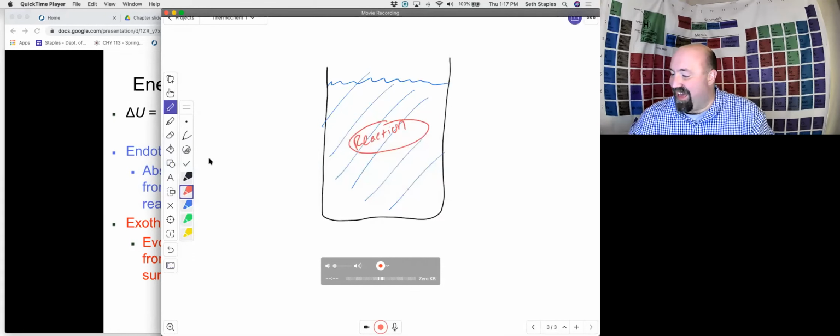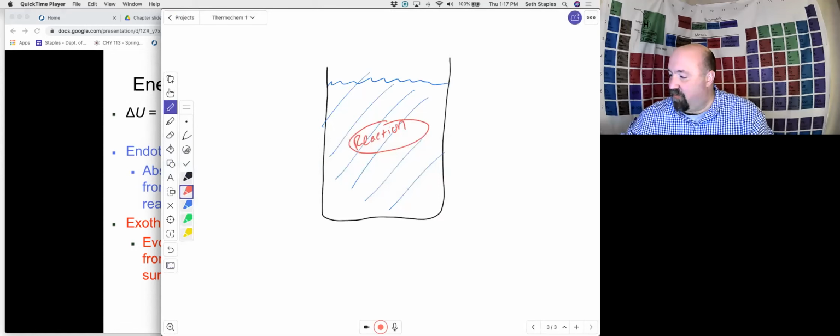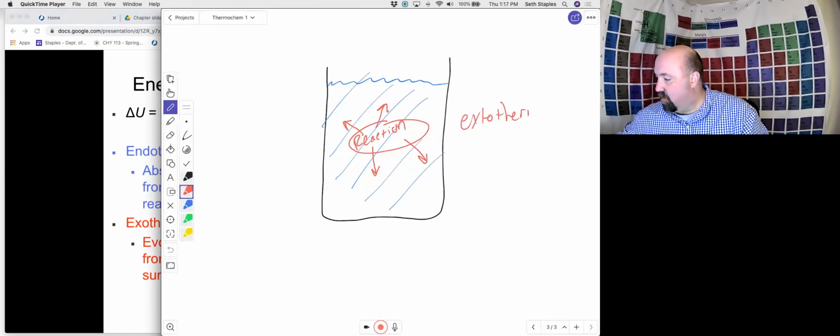Let's say we have an exothermic process, so we have an exothermic reaction. Energy is leaving our system here, so energy is leaving our reaction. So that's exothermic. We just said that Q is going to be negative for an exothermic reaction.